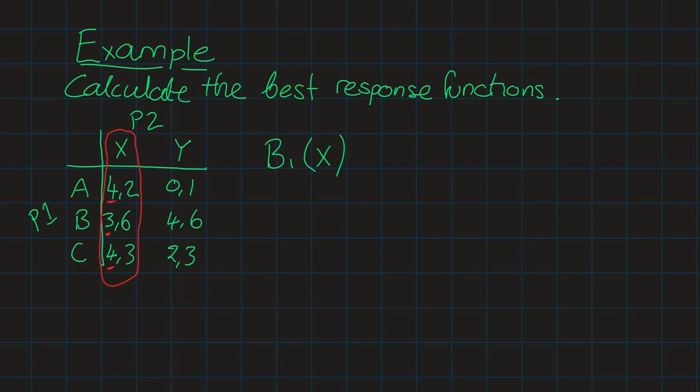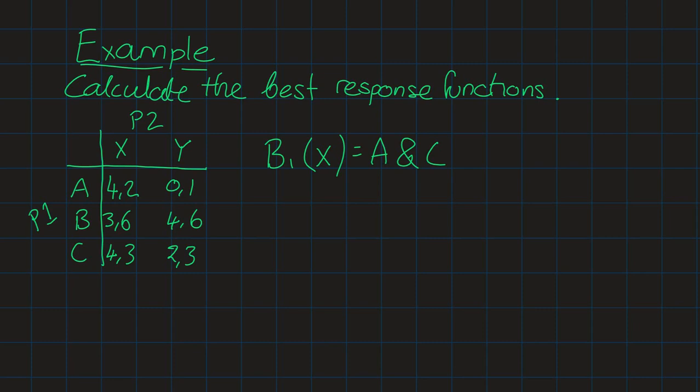So there are two situations, A and C, in which player 1 gets 4 points. And this is what I mean by equal payoff. Okay, and 4 is the highest, and we don't choose one over the other, we just choose them both. So we say the best response is A and C, A or C.